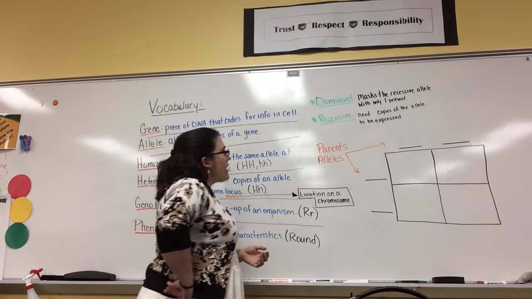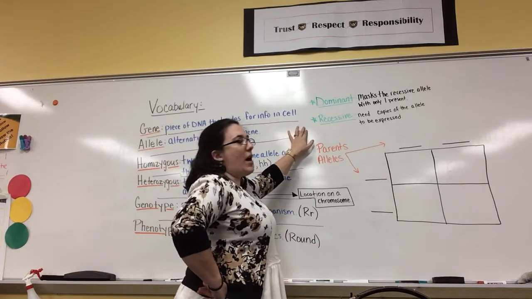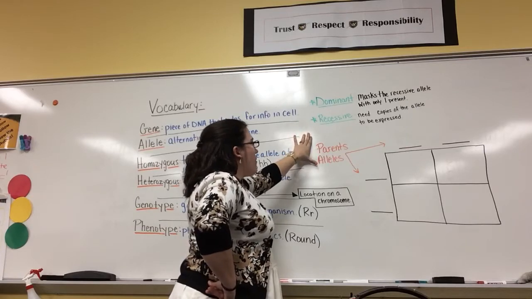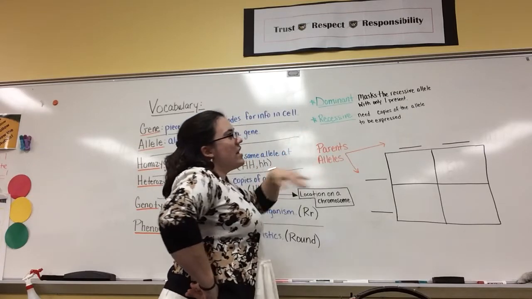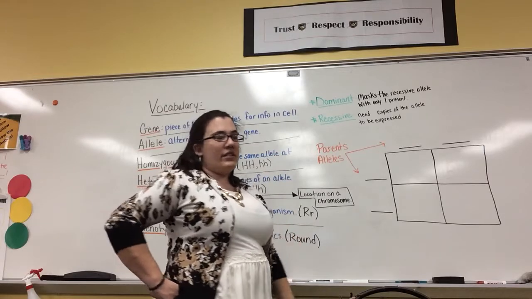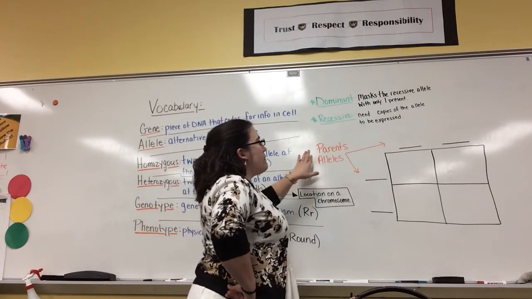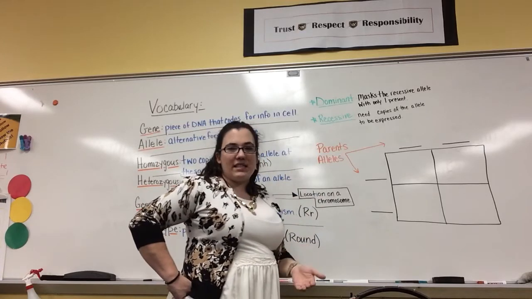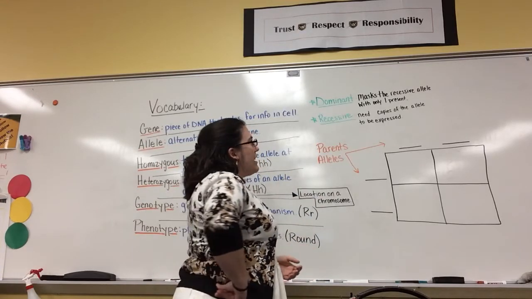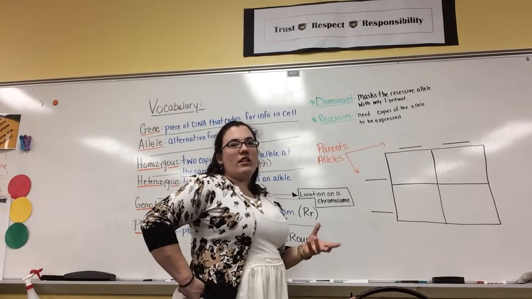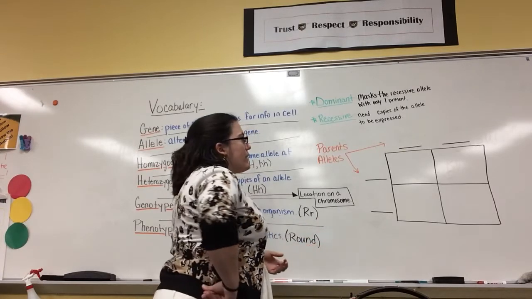So the next thing we need to talk about is being dominant versus recessive. A lot of times in middle school you probably learned it as dominant is the big letter and recessive is the little letter. So it's a little bit more than that. Dominance means that it's going to mask the recessive allele, meaning that it's going to actually cover that recessive allele up when it's expressed.